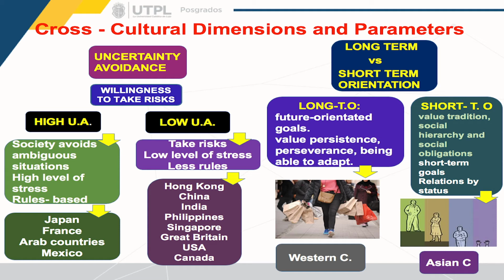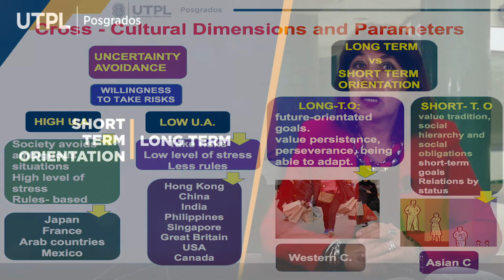Less rules shape behavior of community members, and they are more willing to take risks. Some of the countries that belong to this group are Hong Kong, China, India, Philippines, Singapore, Great Britain, USA, and Canada.